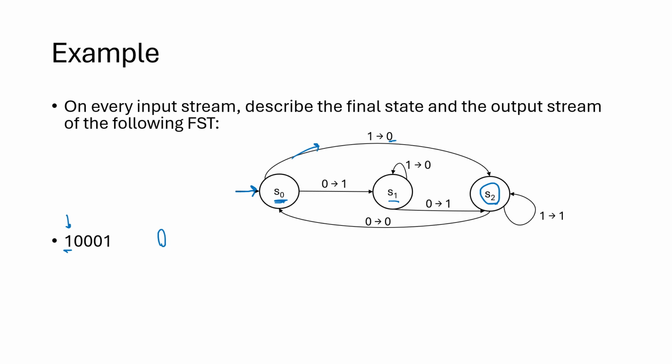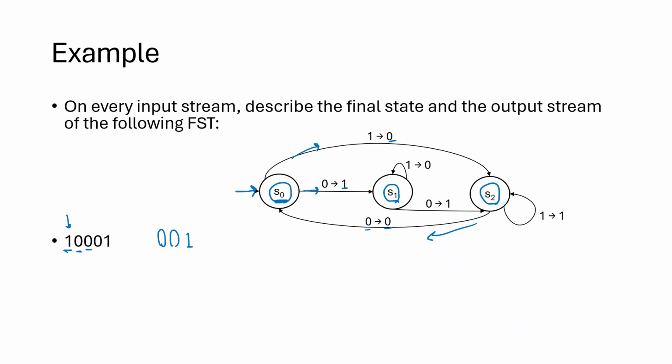If I am at S2 and I read a 0, I output a 0, and I transition back to S0. Now we have read 2 of the input symbols, so we read the third one, and remember that now we are at S0. So I read a 0, and this edge here tells me that, first of all, I need to output a 1, and I need to transition to S1.